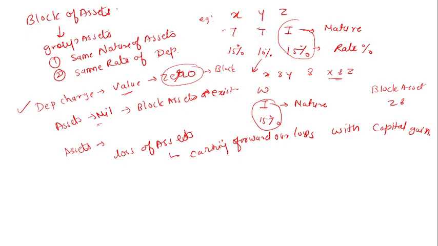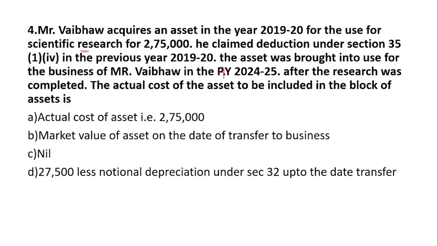I was giving you information on the block of asset because it comes up in this question. There is no relation of the block of asset over here, but I wanted to give you this information. This question is actually related to scientific research.